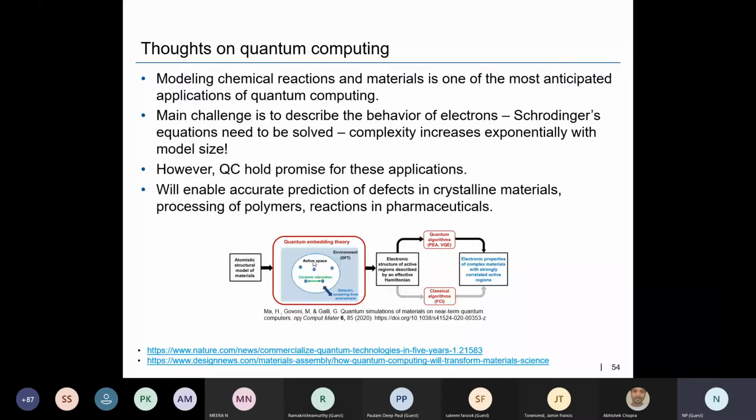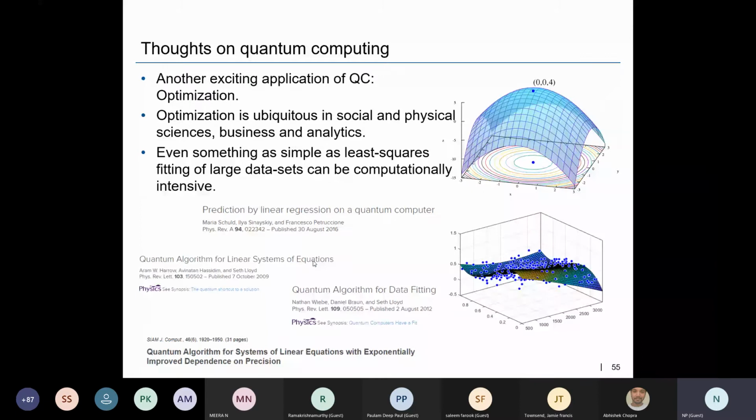Another thing that I'm excited about is there's a lot of interest in solving optimization problems with quantum computing. There's a lot of applications of optimization in social and physical sciences, business and analytics, and even something as simple as least squares fitting of really large data sets can become computationally quite expensive.